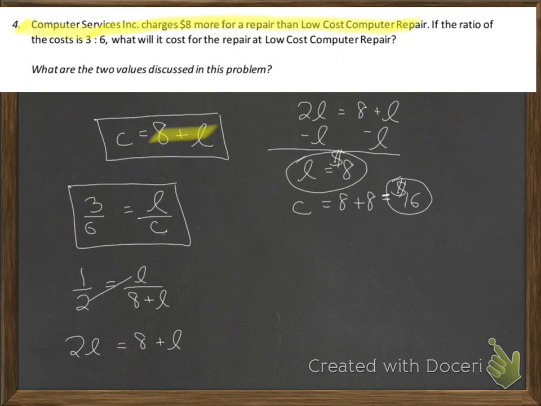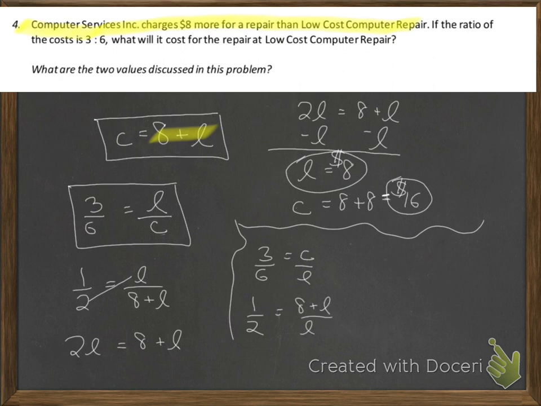Now if you don't believe me, what you could do is try setting it up the other way, if you really aren't sure, because I'm pretty sure we're going to get a negative number. So 3 over 6 reduces to 1 over 2, and then we have 8 plus L over L. Let's see what happens.